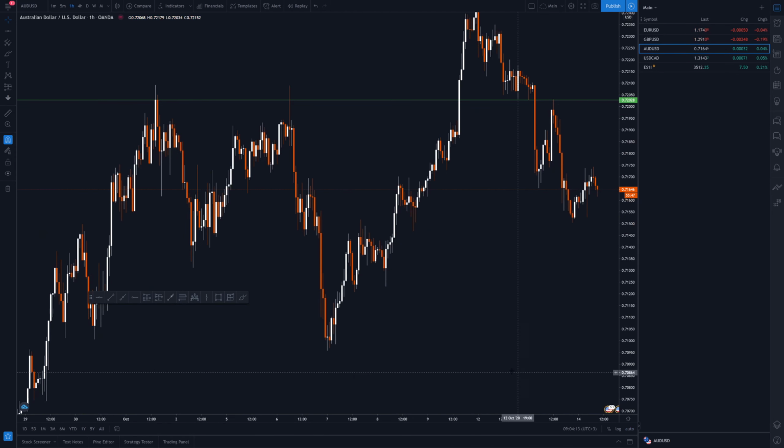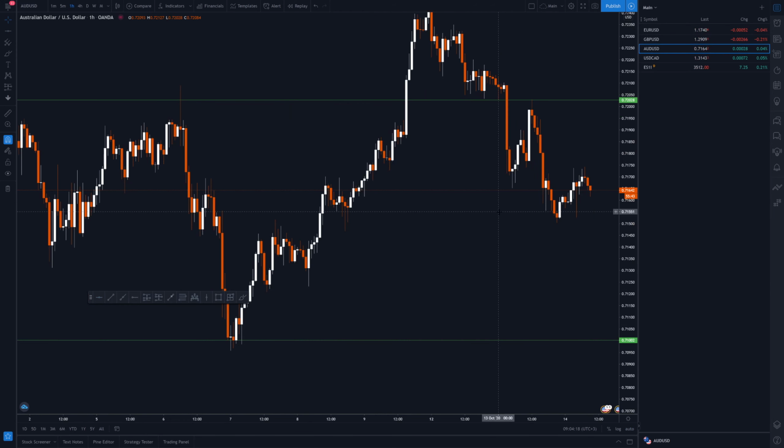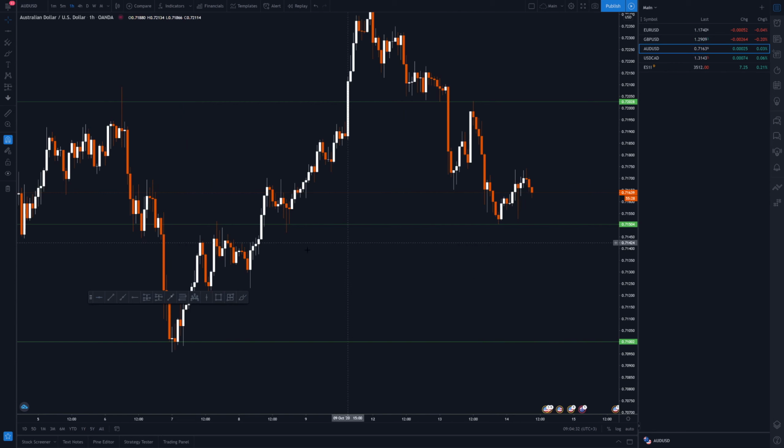So again, we have a bias for short, and my play right here would be one of the following. First, if we close below this green line, we will sell a pullback.